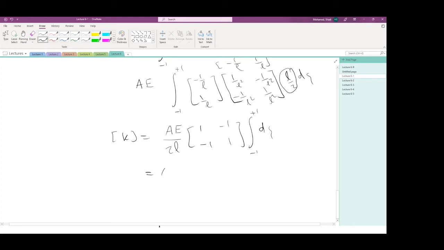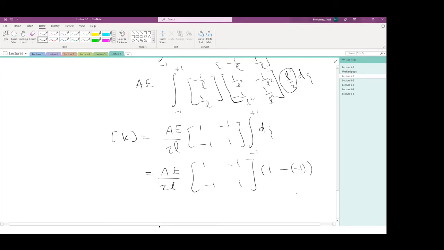So this is equal to AE over 2L, 1, minus 1, minus 1, 1, and the integral here is going to be xi running between minus 1 and plus 1, so this is multiplied by 1 minus minus 1.